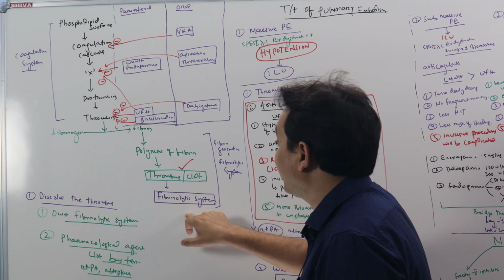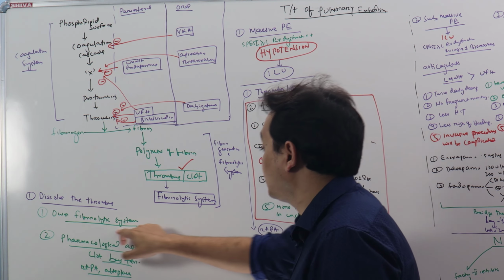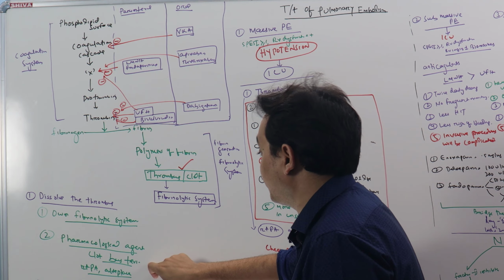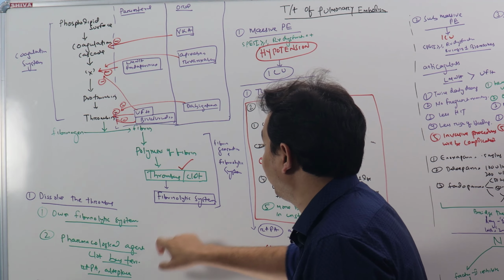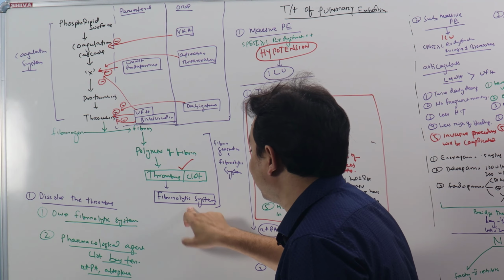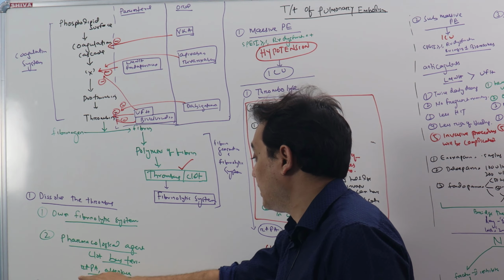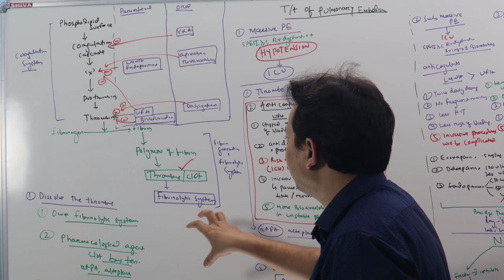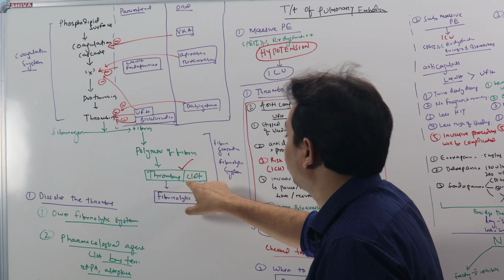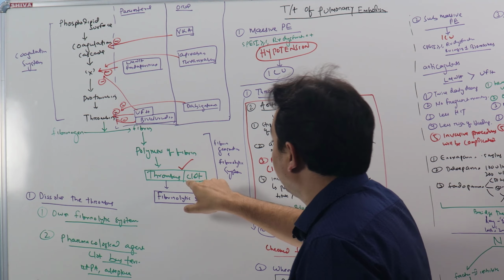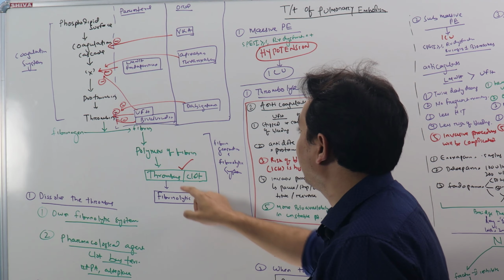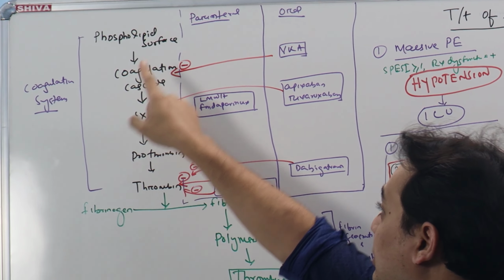You cannot let the body's own fibrinolytic system act, which is a time-consuming process. So you have to give clot busters. You have to give fibrinolytic agents, pharmacologic agents. Most commonly used is alteplase, which is an rtPA. The second method is to prevent the formation of thrombus or prevent the propagation or expansion of thrombus. That can be done by targeting the coagulation system.